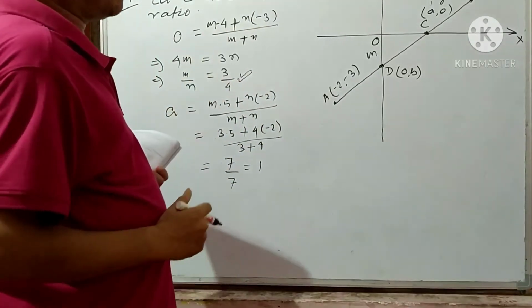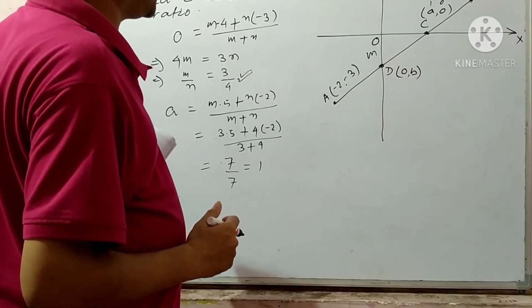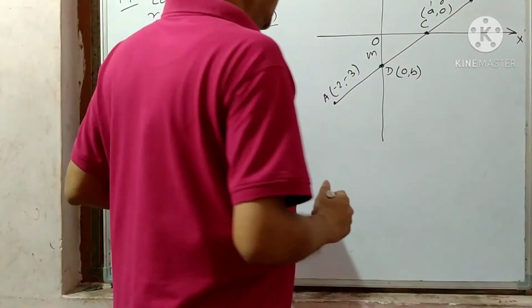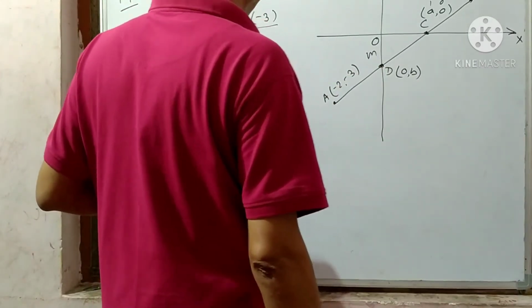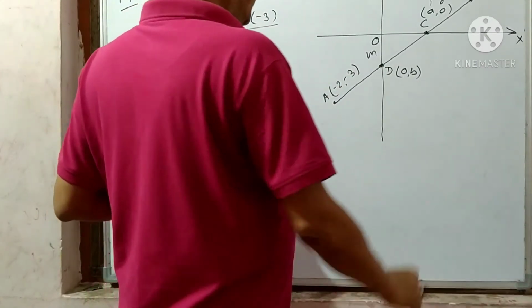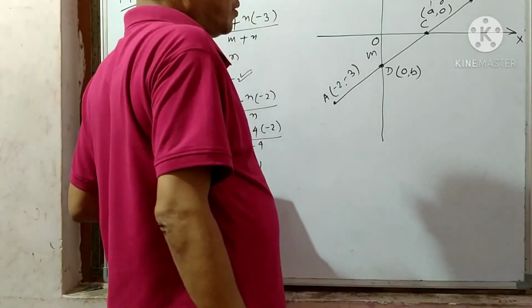Similarly, we can find out the coordinates of D and the ratio. Let the point D divide AB in m:n ratio. Here the x coordinate is 0.